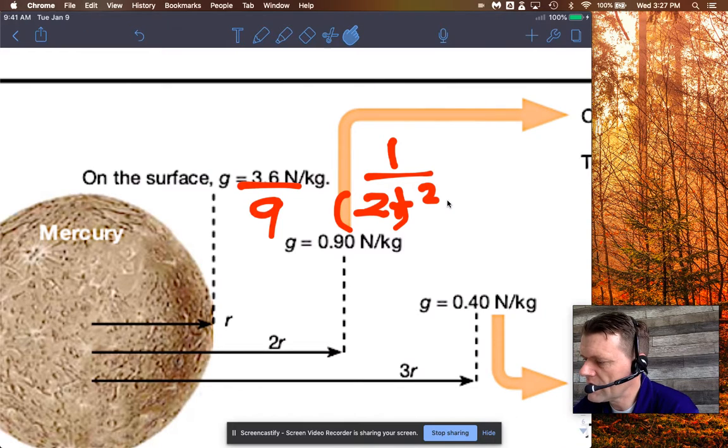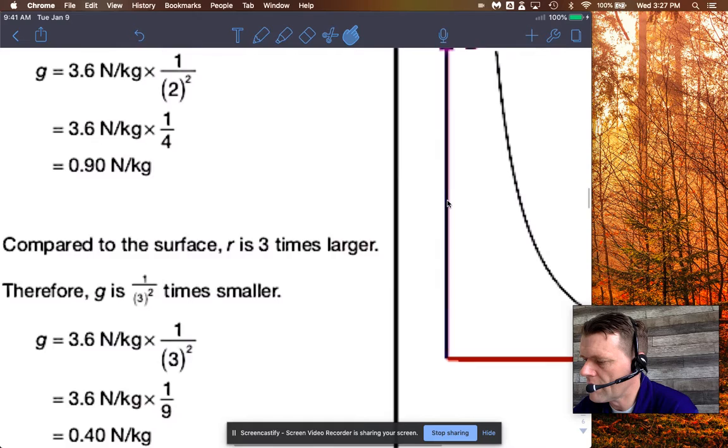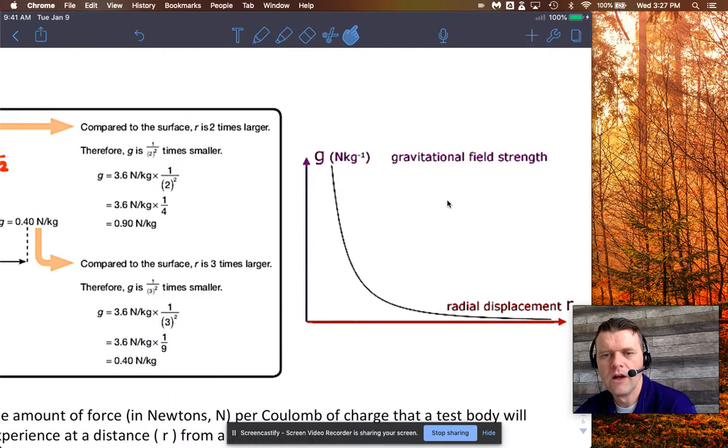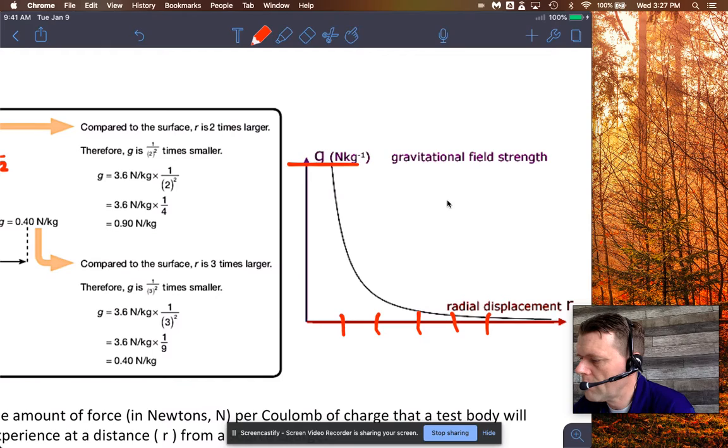So the classic shape, which I've seen on a number of tests, is this shape right here. So it's a parabolic curve basically, and if you started with a certain value, and then here on the x-axis you could be 1r, 2r, 3r, and so on.